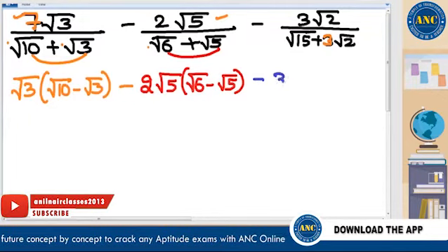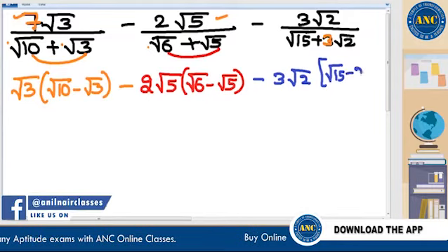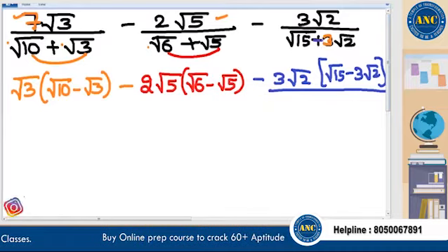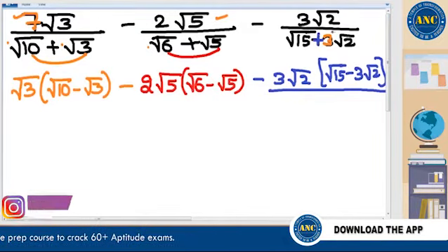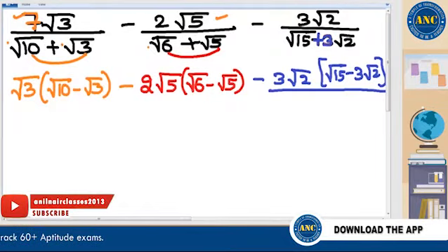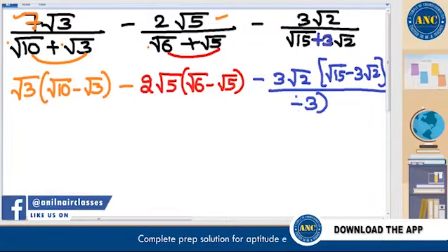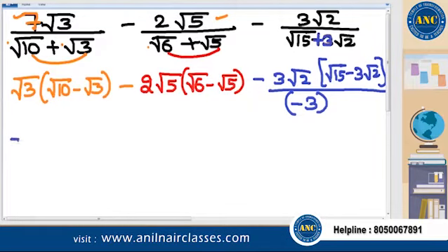Minus 3 root 2, I will write as it is. Root 15 minus 3 root 2, I will multiply with. What is the denominator? a plus b into a minus b. Root 15 whole square is 15. 3 root 2 whole square: 3 square is 9, root 2 whole square is 2, 9 into 2 is 18. 15 minus 18 is minus 3, so the denominator in the third term is minus 3. Simplified, sir. Where is the difficulty in this question?